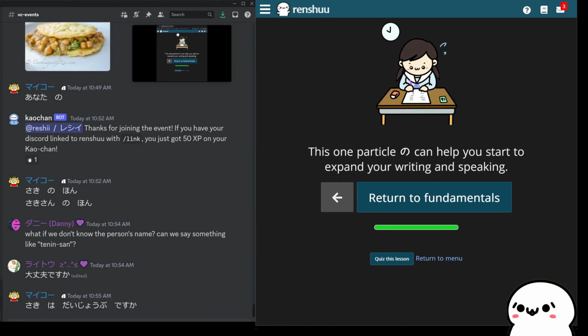The full sentence would be Saki wa daijobu desu ka? However, if I'm looking her in the eye and it's clear I'm talking to her, it is completely natural to drop the Saki wa and just say daijobu desu ka? Because of course I'm talking to her. I'm looking right at her. So you don't need it if it's clear who you're talking to.